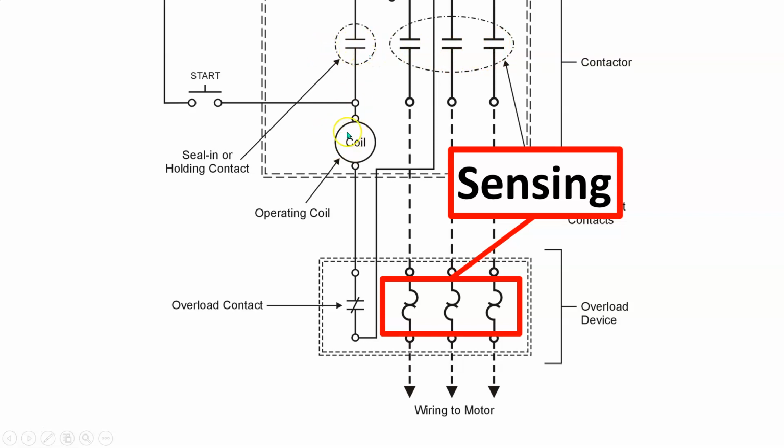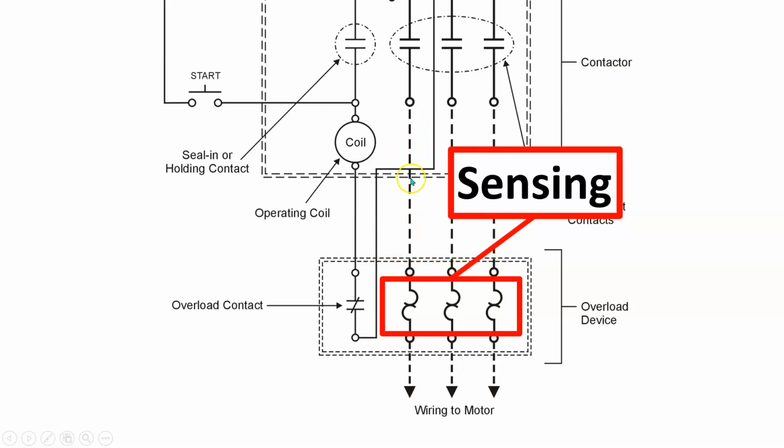We have our coil, which is in the contactor, our operating coil. We have our overload contacts, which are based on what these overloads right here are sensing. So again, the contactor and the overload device are pinned together and used together.